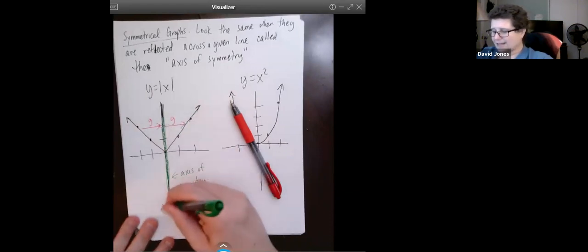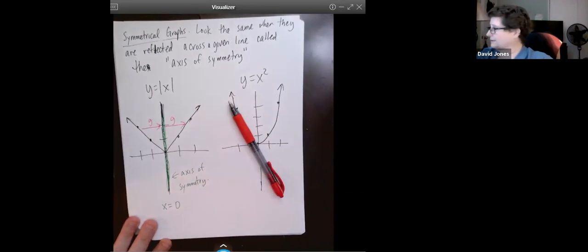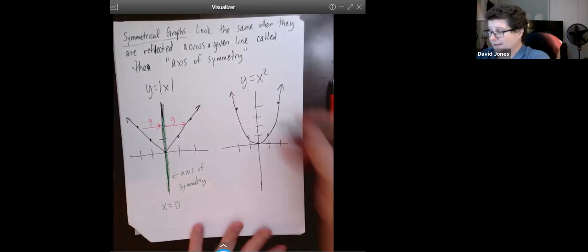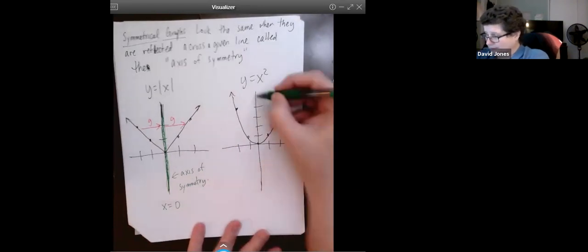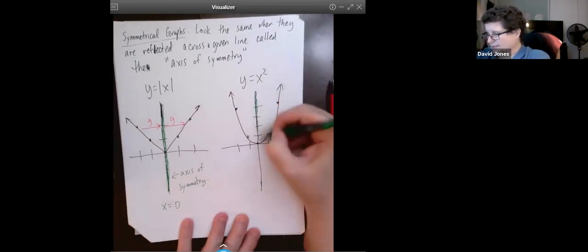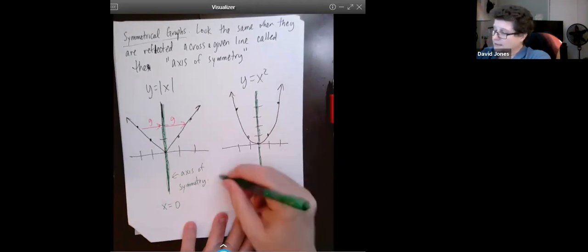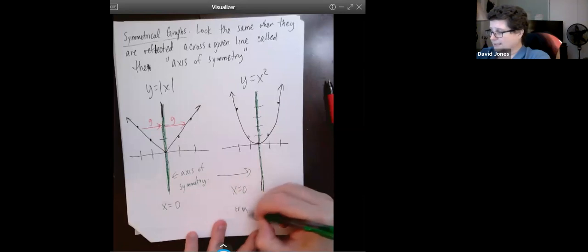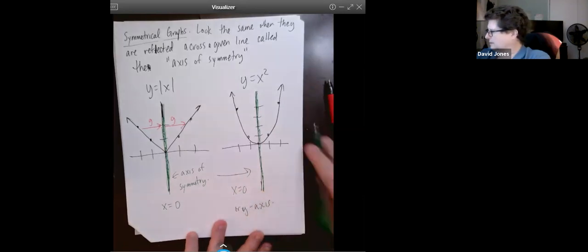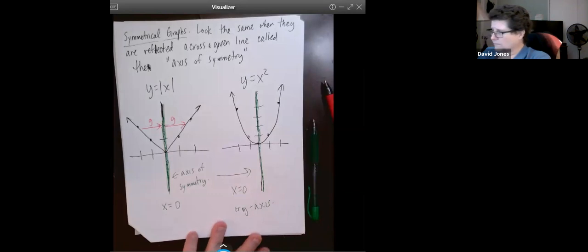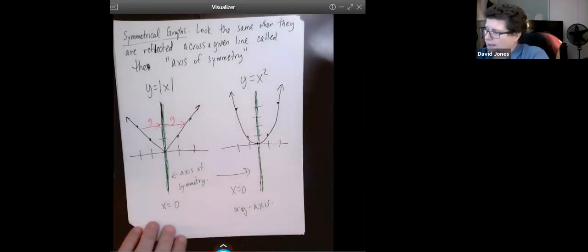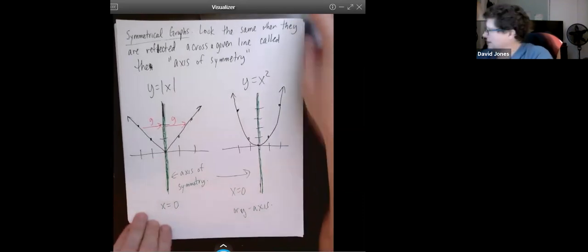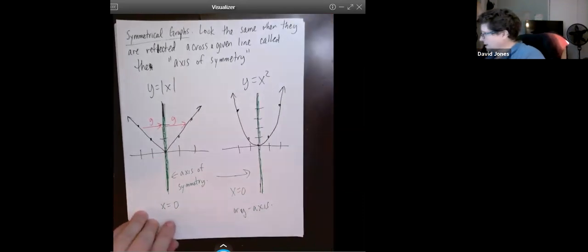Vertical lines have an x value, x equals 0. Same thing here. The axis of symmetry is the y-axis. X equals 0, or y-axis. I'll let you pause that, put down what you need.